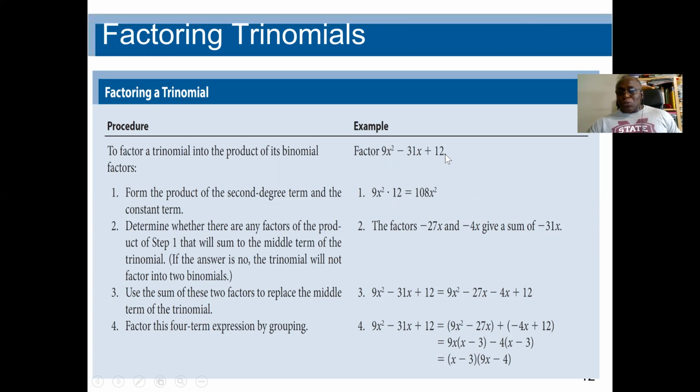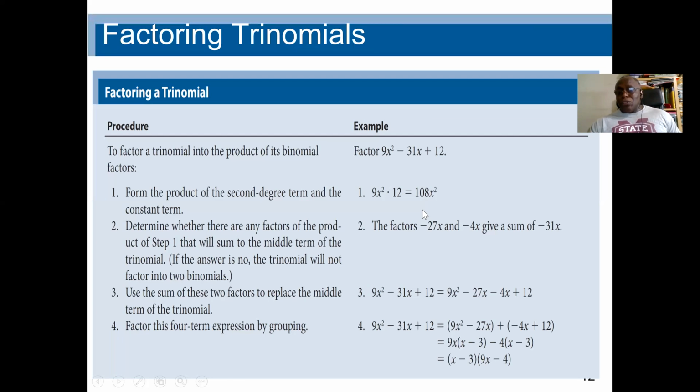So, one more step. 9s squared times 12: take the last and the first expression, 108s squared. Now I want to factorize this into only two terms. So minus 27s times minus 4s will give me positive 108s squared. We can choose many values. I can even choose 2 times 54, because 2 times 54 is 108.